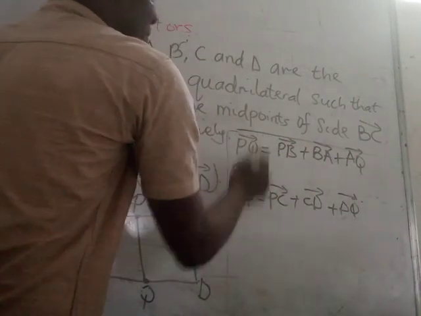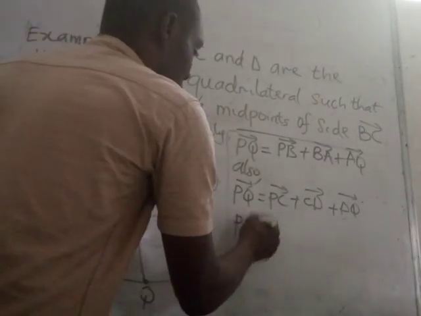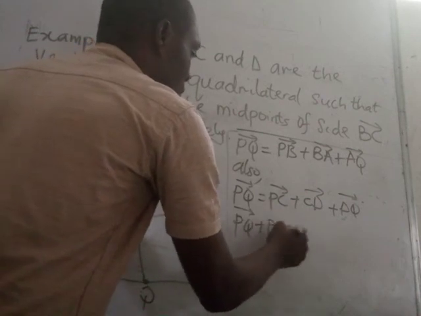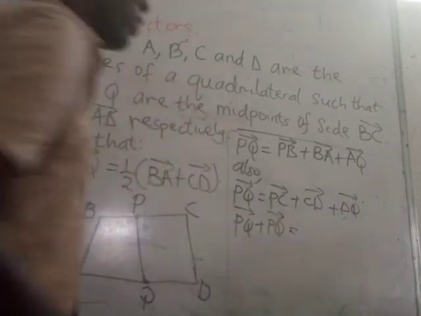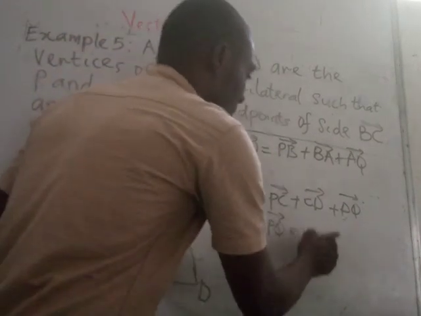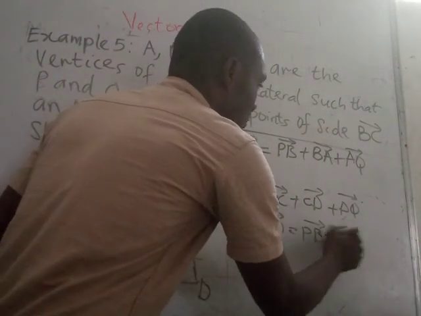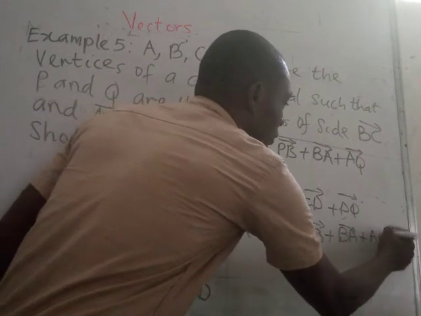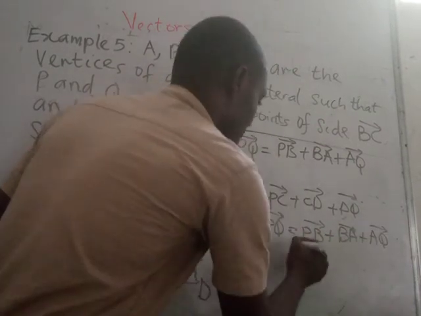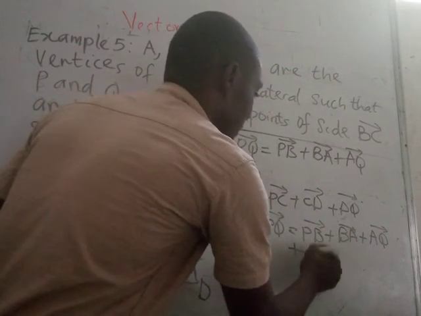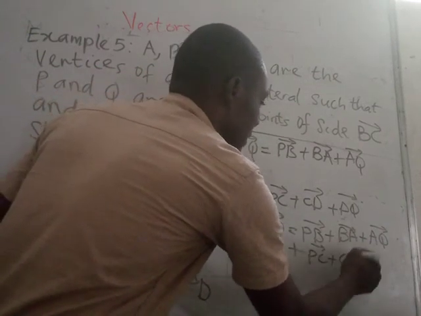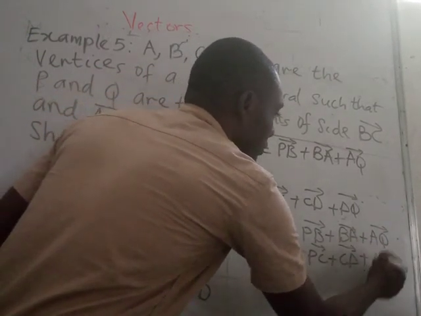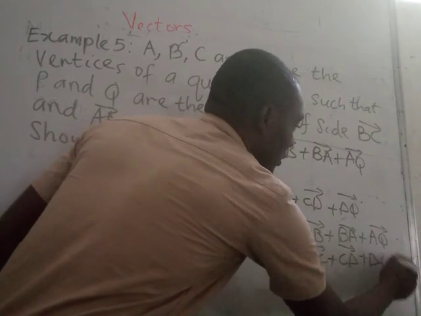Now, if I add PQ plus PQ together, it is going to give me PB plus BA plus AQ plus PC plus CD plus DQ.